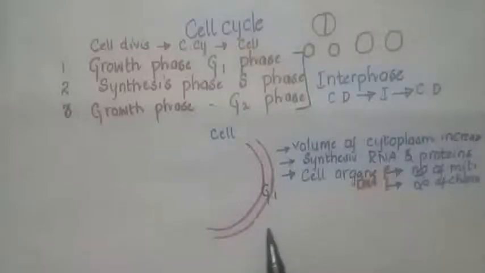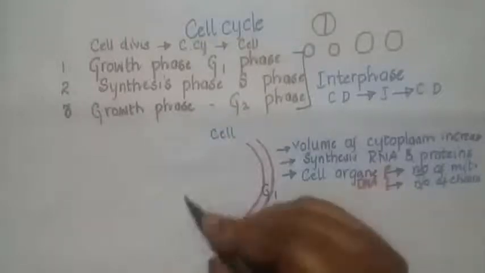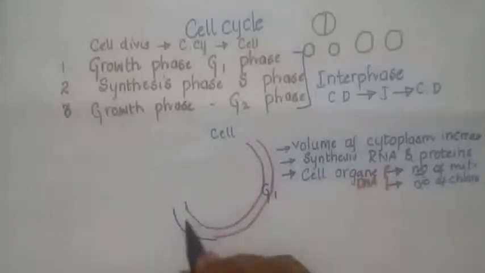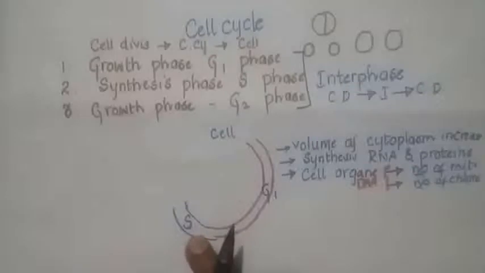So in growth phase 1, all the major changes occur. Then after growth phase 1, the cell enters into the second phase known as the synthesis phase. In the synthesis phase, as the name indicates, synthesis occurs.